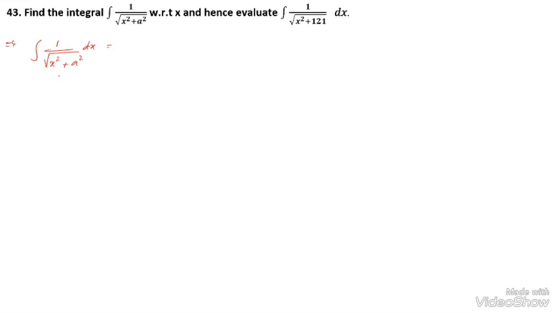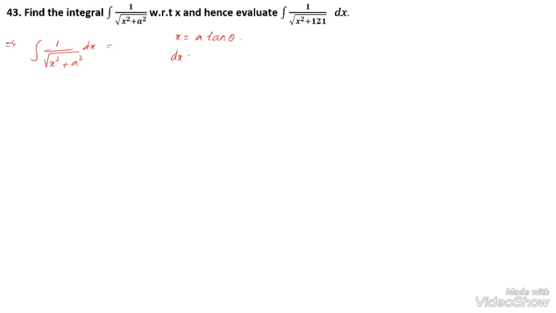For the substitution, I am taking x is equal to a tan theta, because we know the formula: tan square plus 1 is sec square. So I can directly get the solution by taking x as a tan theta.